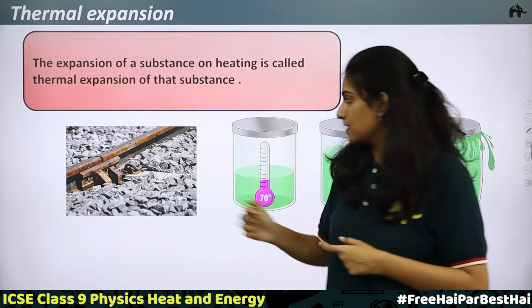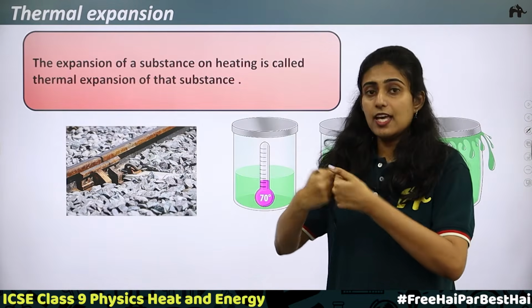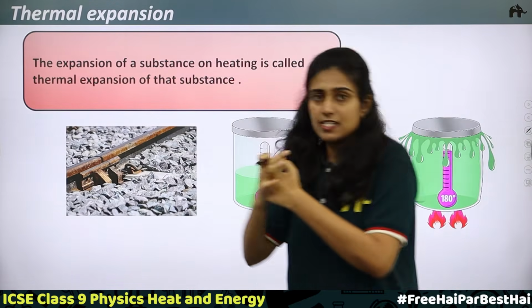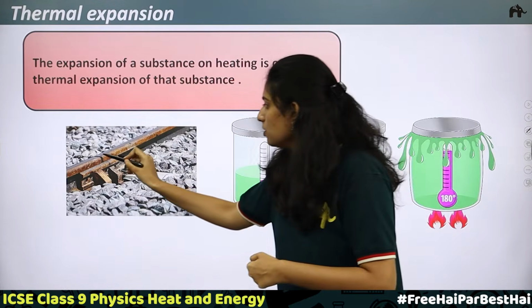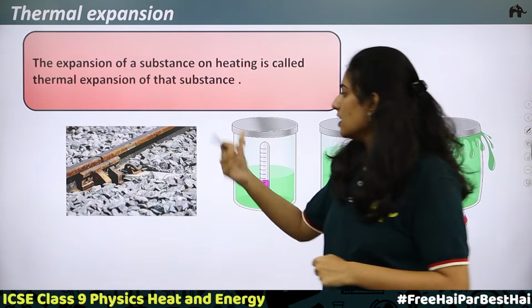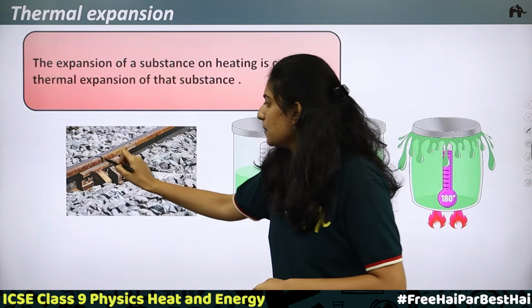When it expands, there should be some space so that it can come close. If this is not happening, the rail will be congested and there will be some bend sideways. So, because of thermal expansion, to prevent this, there will be some space kept in the rails.